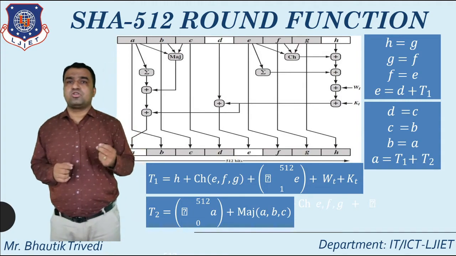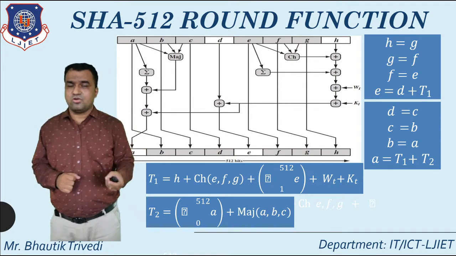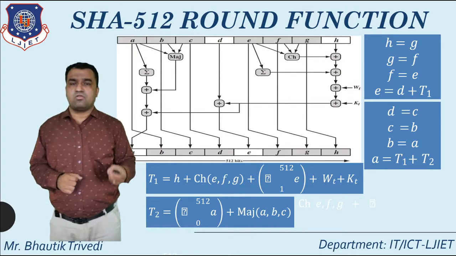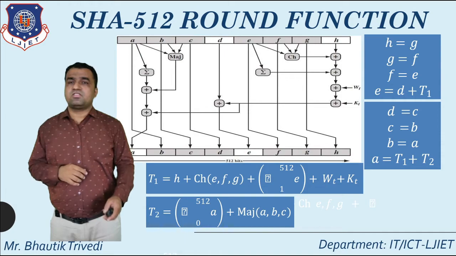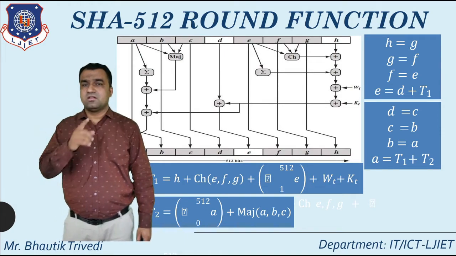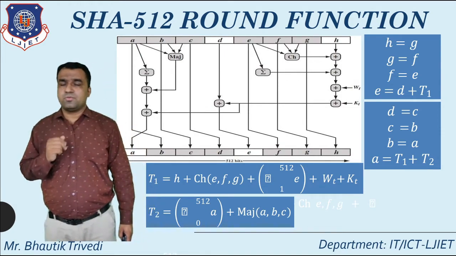If you want to calculate the individual values for a SHA-512 round function, that's the logic. Remember one thing in this diagram: there are mainly two important functions.